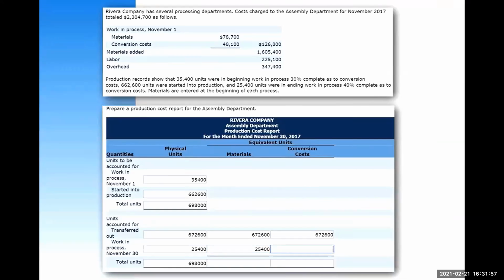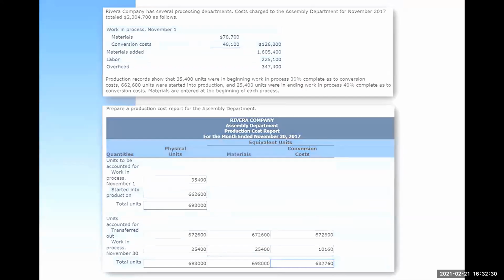And as we calculated previously, we know that the ending work in process was only 40% complete with regard to conversion costs. 0.40 times 25,400 is 10,160. So if we sum these, we again get 698,000 for the materials, and we get 682,760. And those were all calculations that we did previously in the previous parts as well.